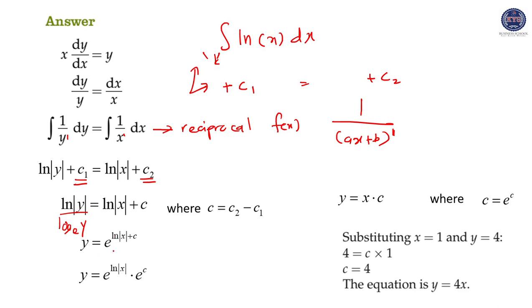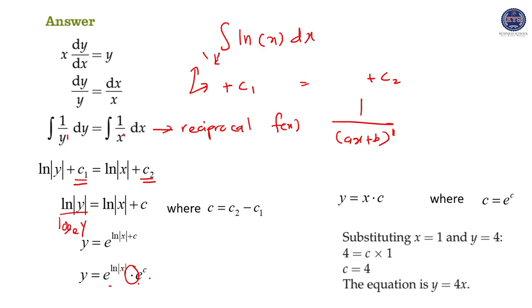Therefore, you get e to the power ln modulus of x plus c. When you have an index with powers that add, it actually comes from the multiplication process. Exponent, same base, you multiply, what happens to the power? The power will add.